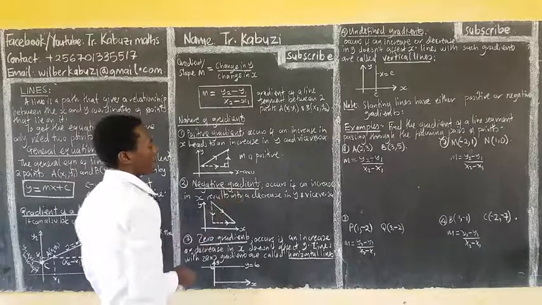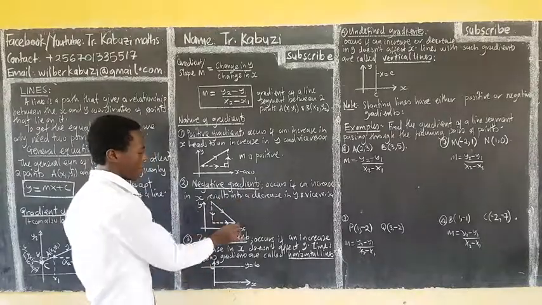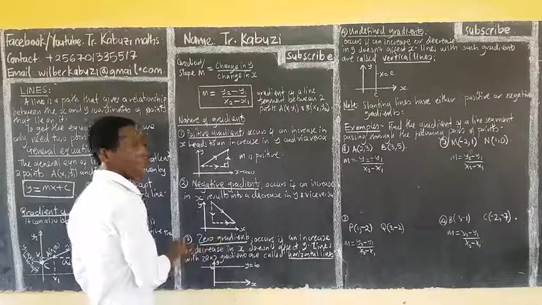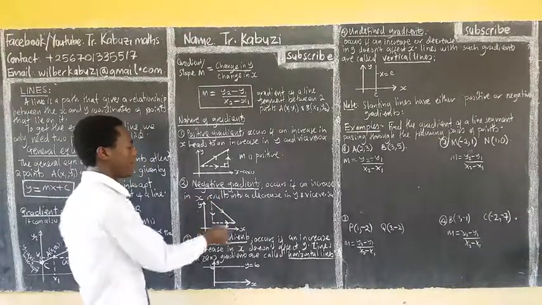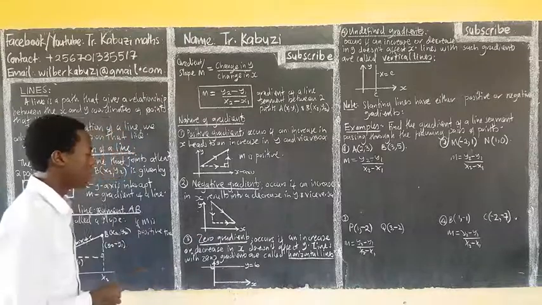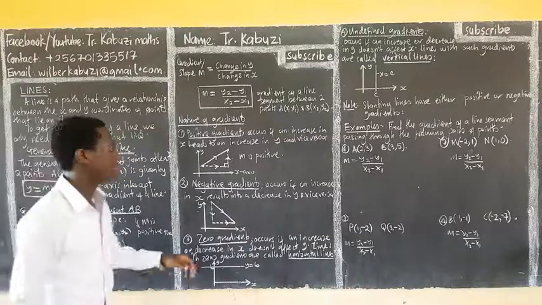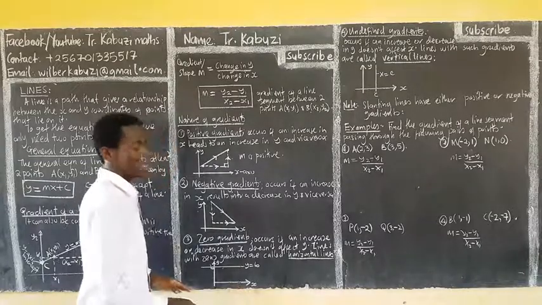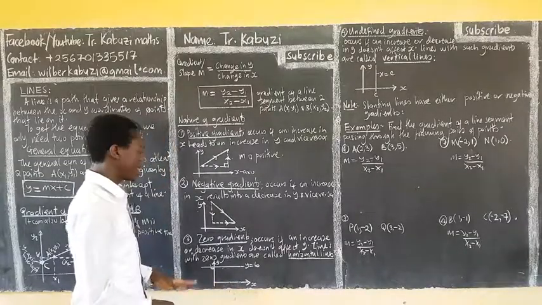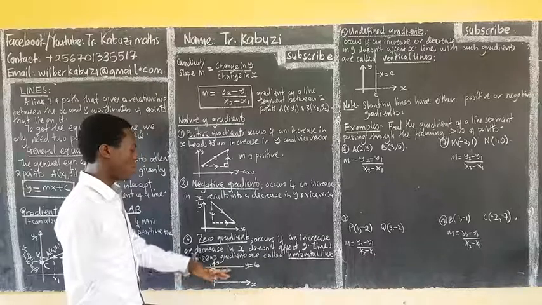So what about negative gradient? It occurs if an increase in x results in a decrease in y. So now y is going down, so it's decreasing. So here we say it's a negative slope or a negative gradient. Then the zero gradient occurs when an increase or decrease in x does not affect the value of y.